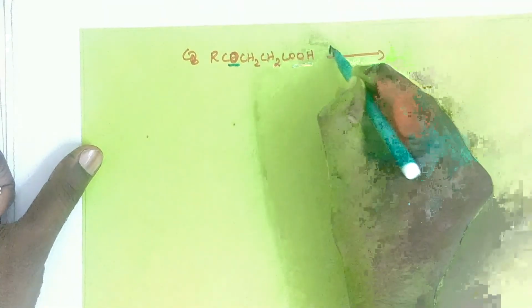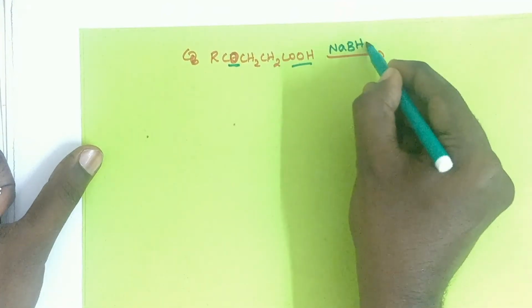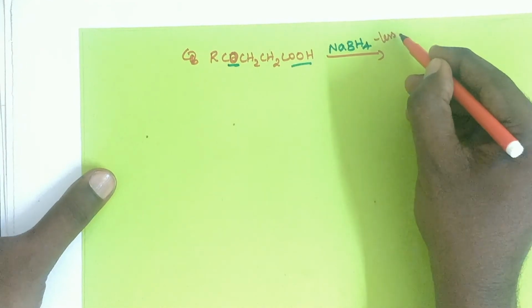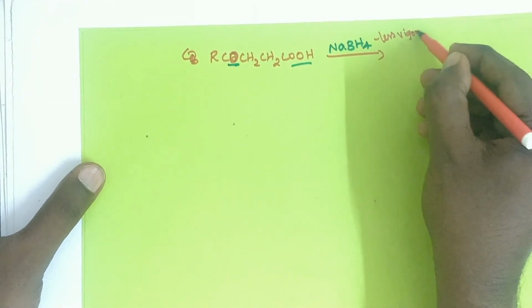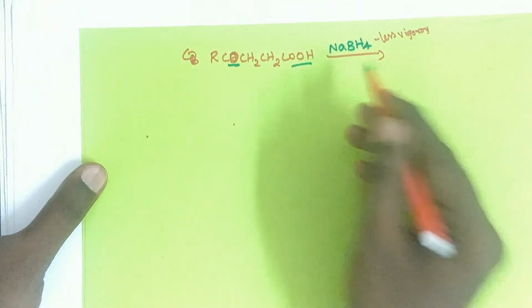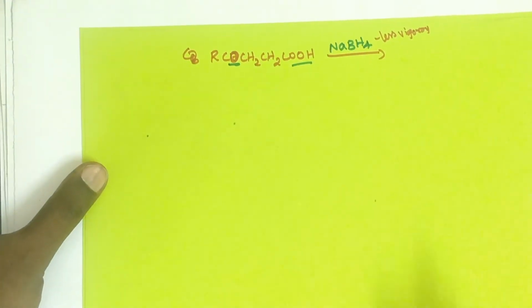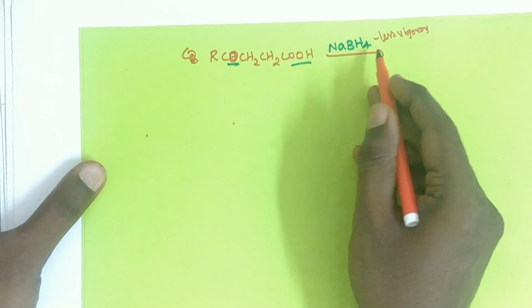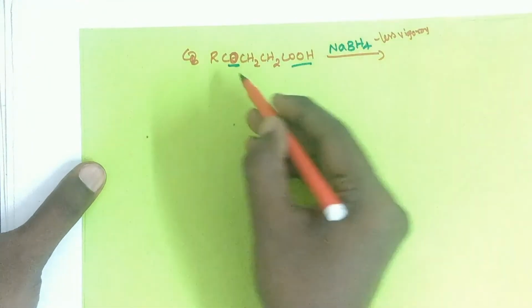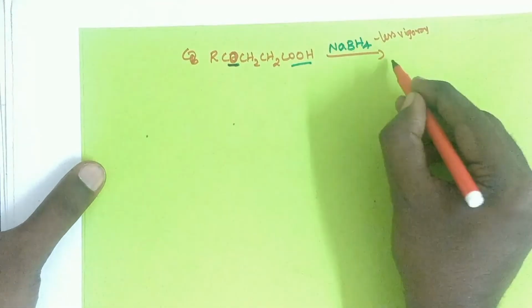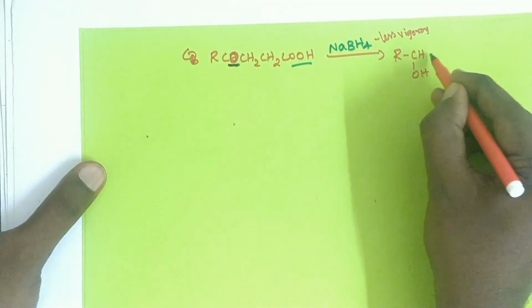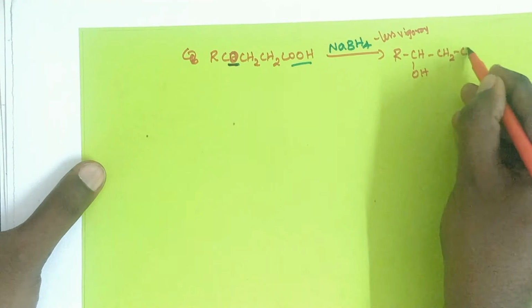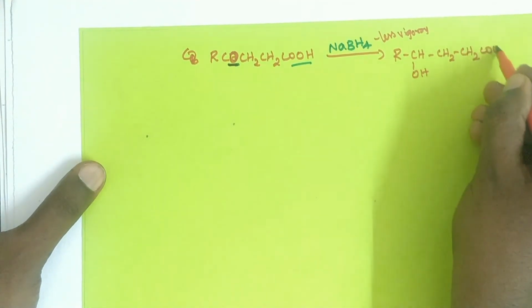If 2 functional groups are present, then the reagent is sodium borohydride because it is less reactive, less vigorous. So it reduces the more reactive group. So in this case, this carbonyl group undergoes reduction. The product formed is RCH, OH, CH2, CH2, COOH.